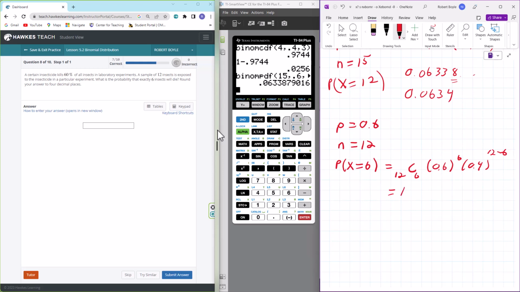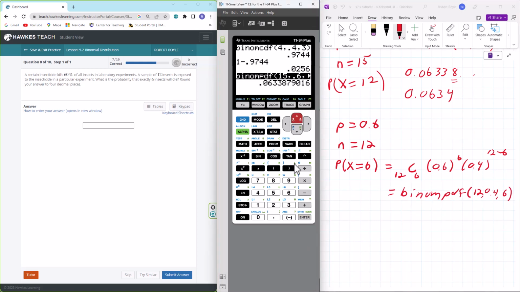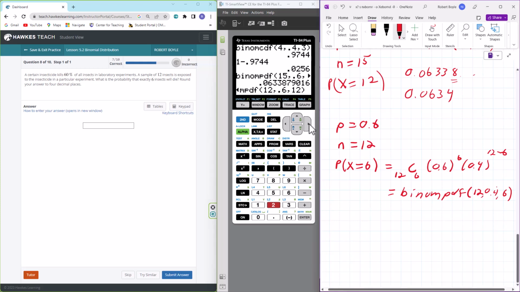That is also binomial PDF 12, 0.6, 6. So let's go ahead and do that. And actually, we can just go ahead and use our history here. Highlight binomial PDF, bring it down. We want to change the 15 to a 12. All right, 0.6. Actually, I made a mistake here. That should be a 0.6 here, not a 0.4.